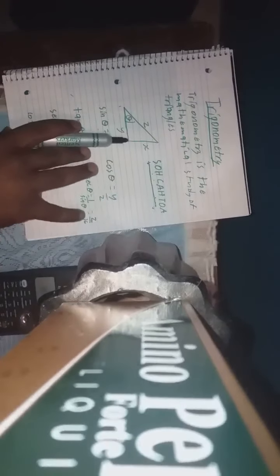Now, beyond those, there are a few other trig ratios that are normally not mentioned. There are cosec, short for cosecant, sec, short for secant, and cot, short for cotangent. Cosec theta is equal to 1 upon sine theta, and so it becomes the hypotenuse over the opposite, so z over x.